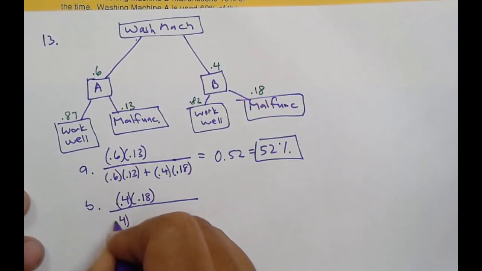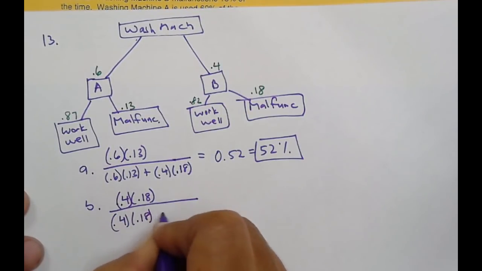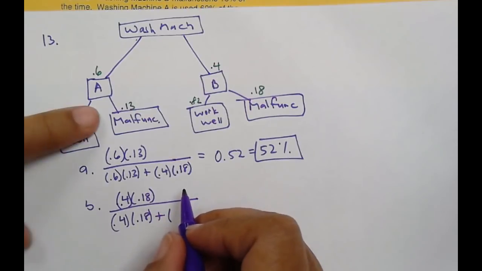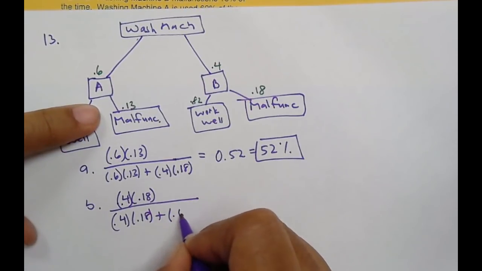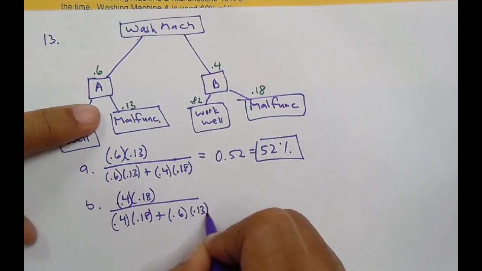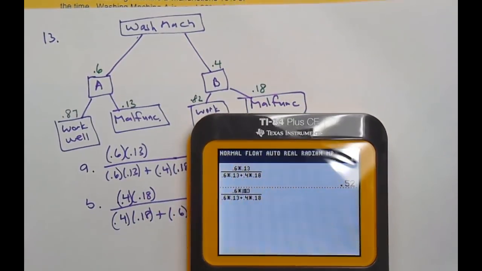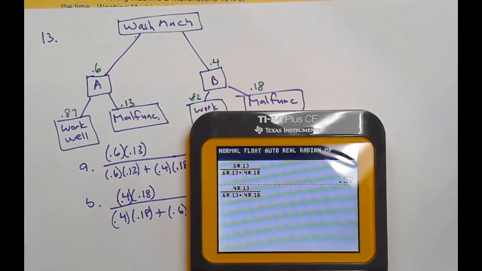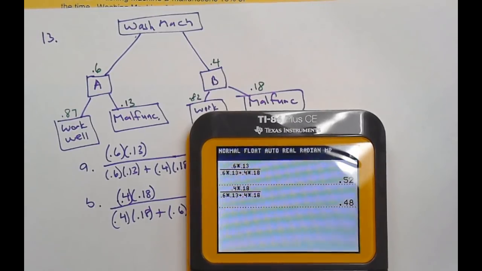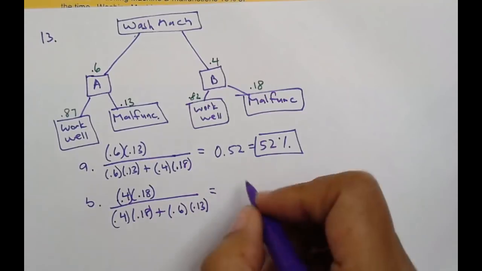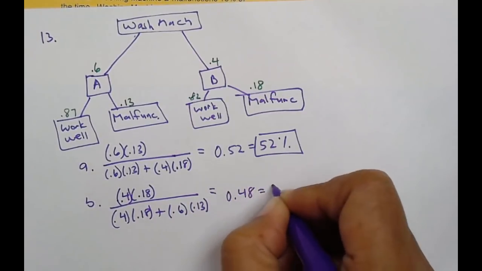So 0.4 times the 0.18, I should say, plus A malfunctioning, which is 0.6 times 0.13. All right, so I'm going to go ahead and change that in the calculator. And I'm going to change this numerator here to say 0.4 times 0.18. The denominator should be the same. So that's 0.48, which is 48%.